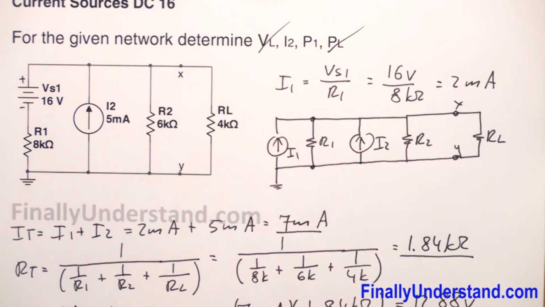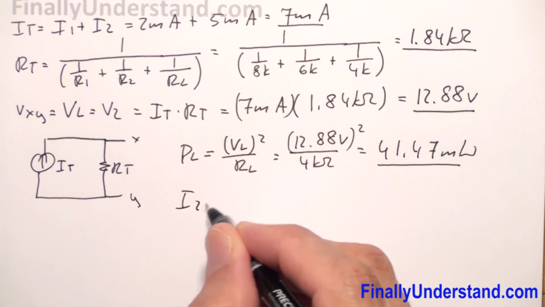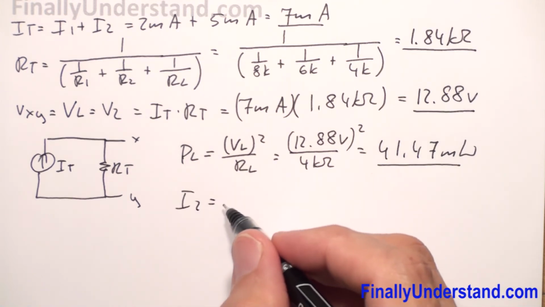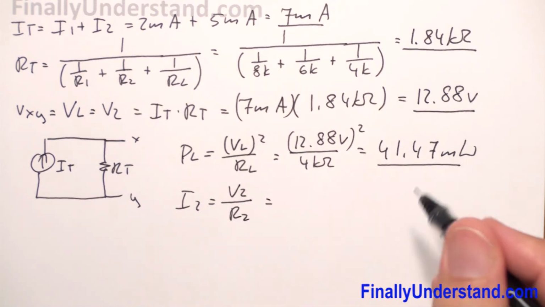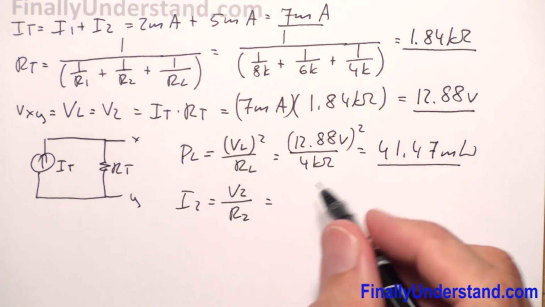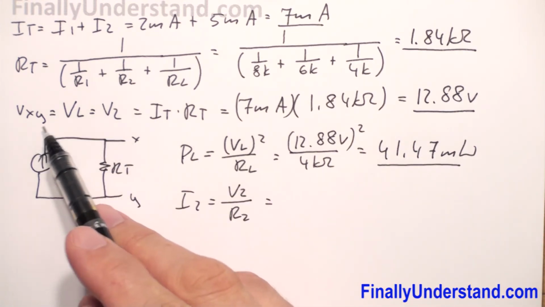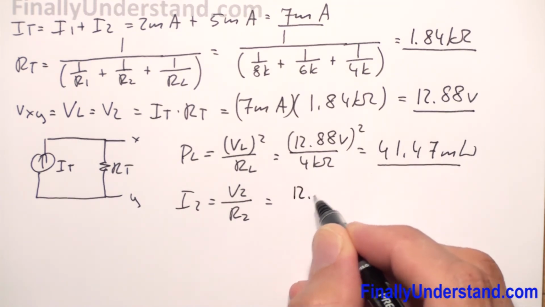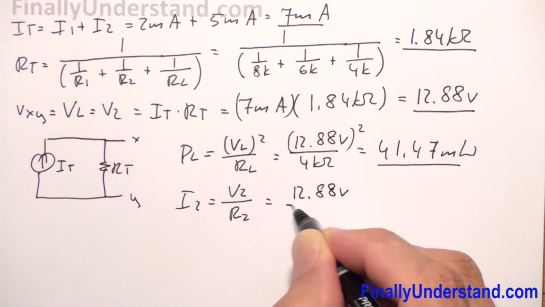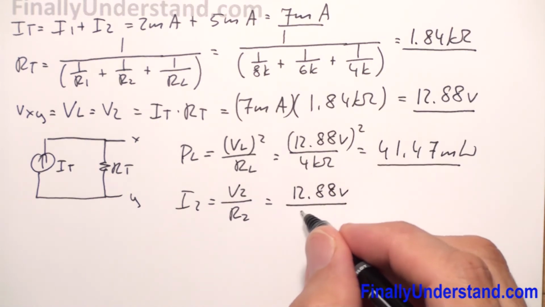Next, I'm supposed to find I2. I2 is equal to V2 over R2, where V2 is equal to Vxy or VL. This is 12.88 volts over R2, 6 kilo ohms.